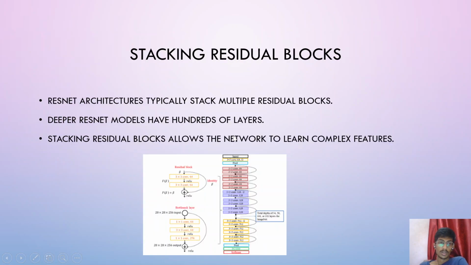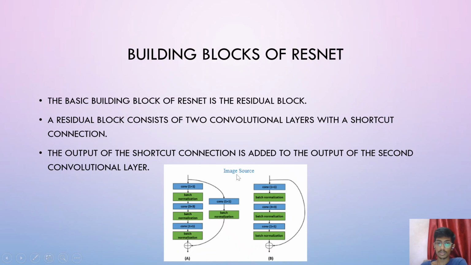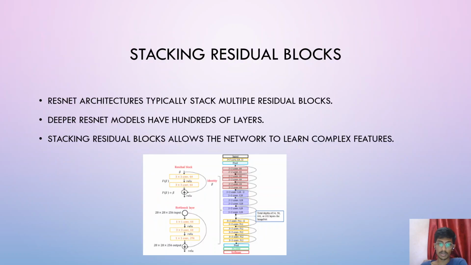Coming to stacking residual blocks, the ResNet architecture typically stacks multiple residual blocks, and deeper ResNet models have hundreds of layers. Stacking residual blocks allows the network to learn complex features. As you have seen, this is one layer, and it is stacked upon multiple layers. It brings more perfection to the images that we have been taking, processing and sending through all the hidden layers.